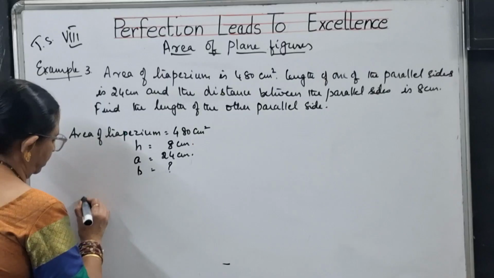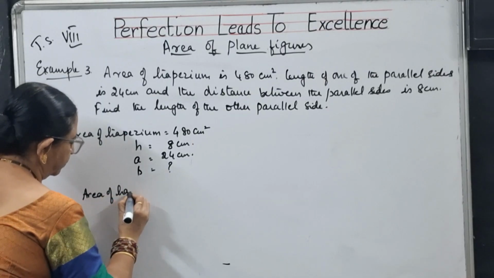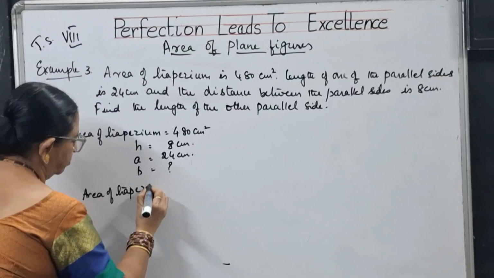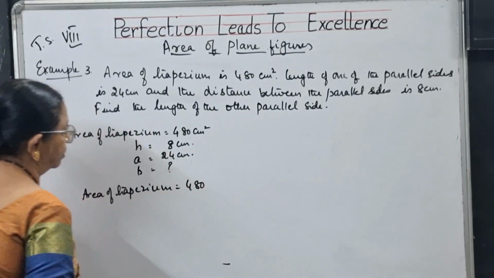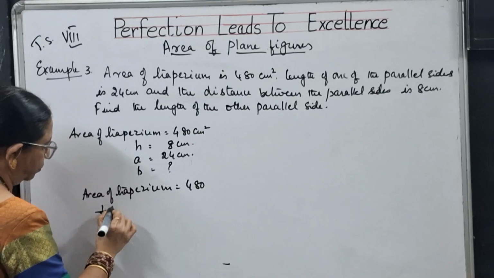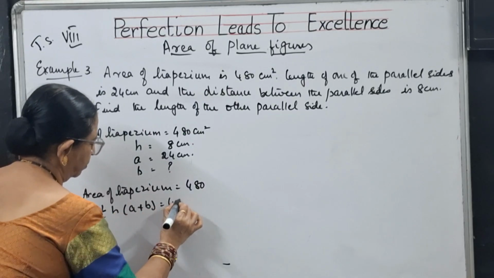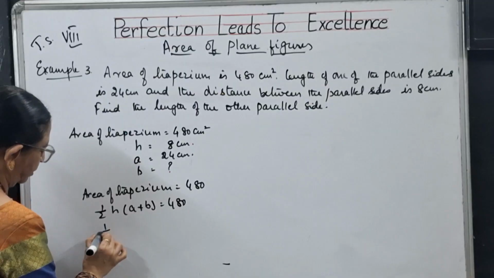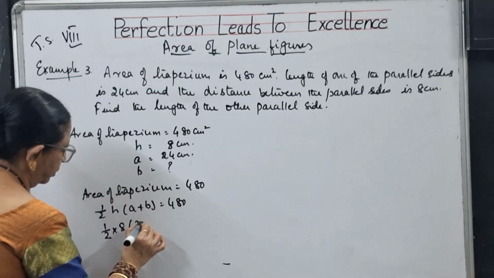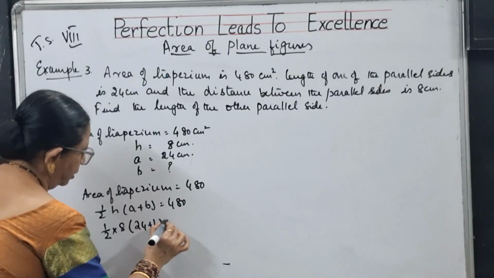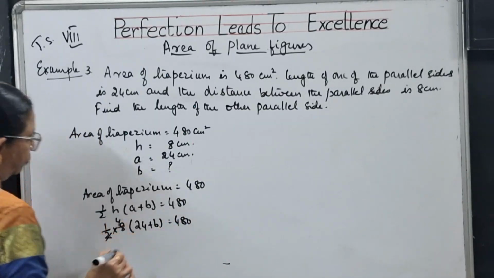So we know that the area of trapezium is given as 480 square centimeters. Half h into a plus b is equal to 480. That is half into 8 into 24 plus b is equal to 480. So 2 ones are 2, 2 fours are 8.